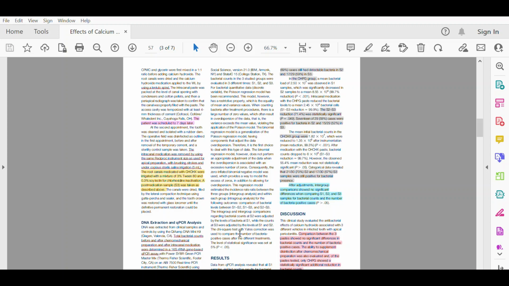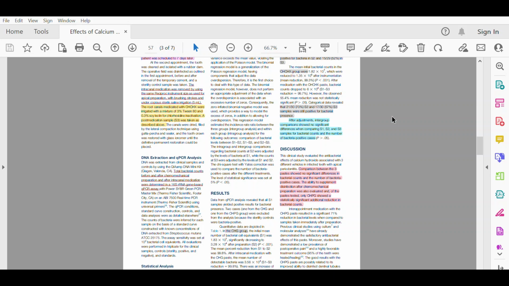In the third group, 70% of cases in the second sample were still positive for bacterial presence, and it reduced to 57% in the third sample. Intergroup comparison showed no significant difference when comparing the 3 samples for bacterial count and the number of bacteria-positive cases.